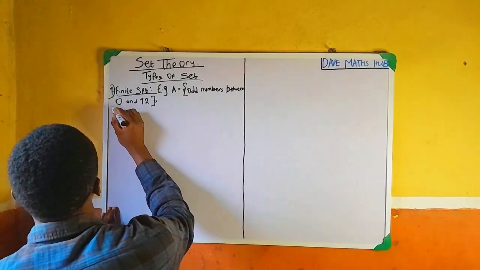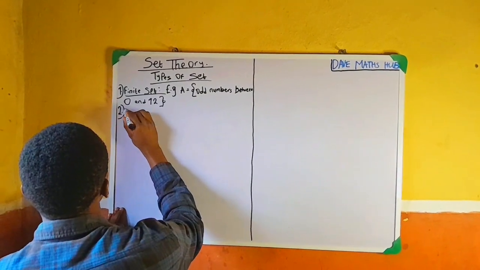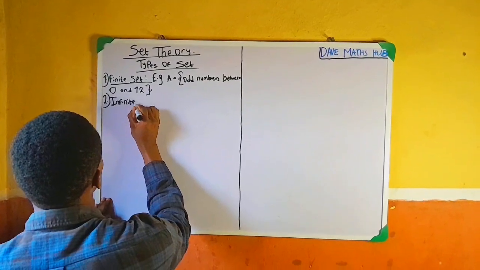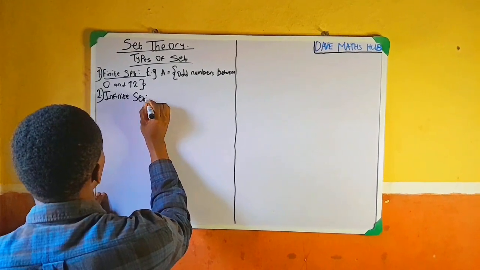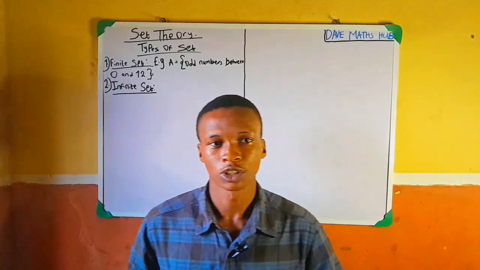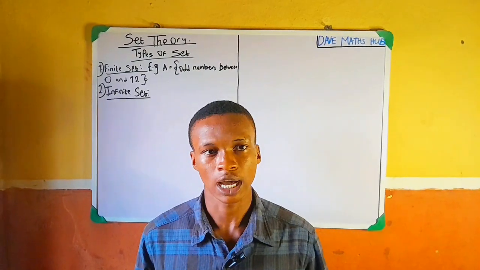Number two, we have infinite sets, which from the name we can say is the opposite of finite sets. This is when the numbers of elements in a set are uncountable.